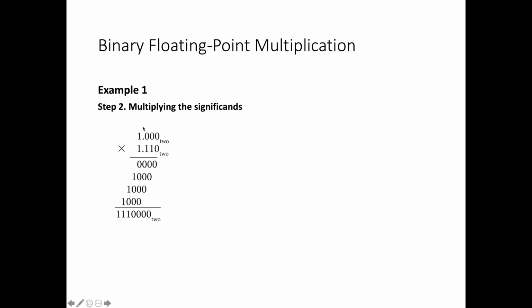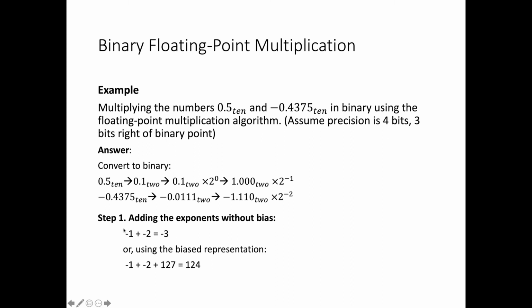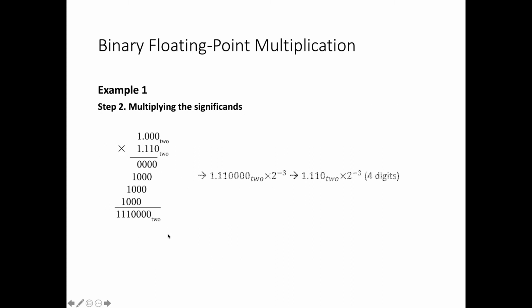Next is to multiply the significands. So we should do something like that. Since we have 6 digits of fractional number, we should mark this point and make it have 6 bits of fractional numbers. According to the first step, we get the exponent, which is -3.